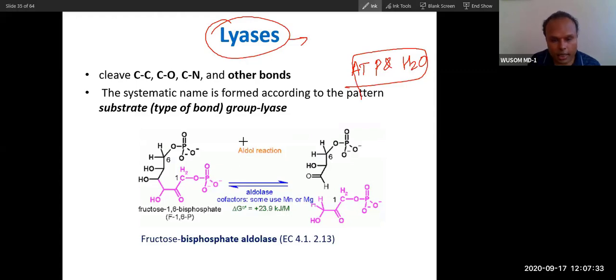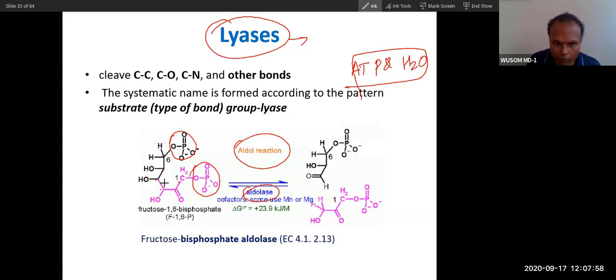You can see here this is an enzyme, aldolase enzyme. This is a part of glycolysis. So you can see 6 carbon is here: 1, 2, 3, 4, 5, 6 carbon, with phosphate on both ends. This is called fructose 1,6-bisphosphate. So this is a carbohydrate. Glucose and fructose are similar types of carbohydrate, monosaccharides.